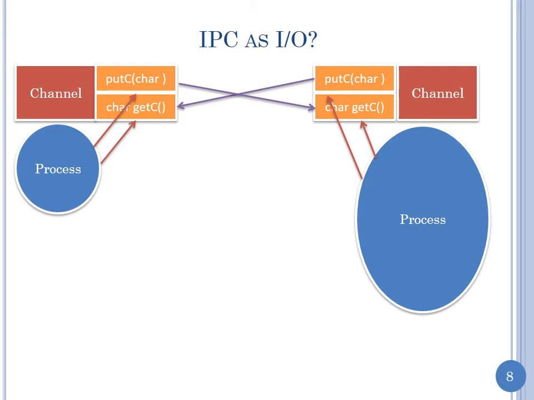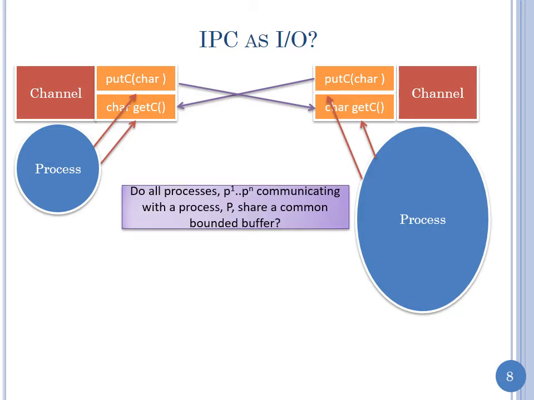So we have a bidirectional stream. In terms of abstractions, you are reading and writing characters that come from another process rather than from the console. Conceptually it doesn't seem very different, except that we have these two channel objects that have to be somehow connected to each other, which is the main issue we're going to address here.